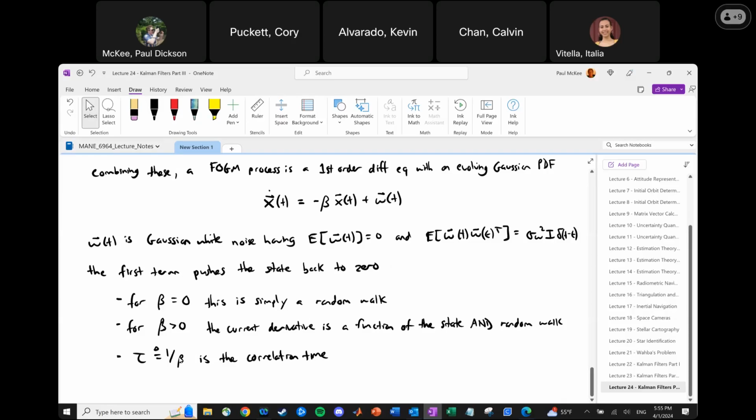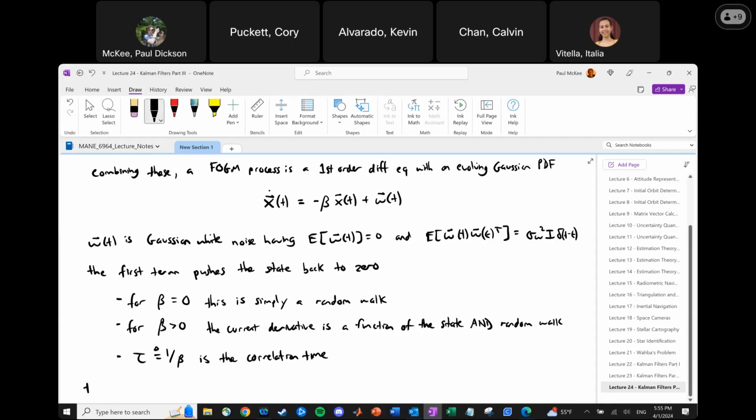If beta is smaller, then it's going to take longer for the equation to decay back to 0. And if beta is larger, then it's going to take less time. And so tau kind of gives you an idea of the length of time it would take to decay back to 0, not necessarily. So what does a solution to this differential equation look like?